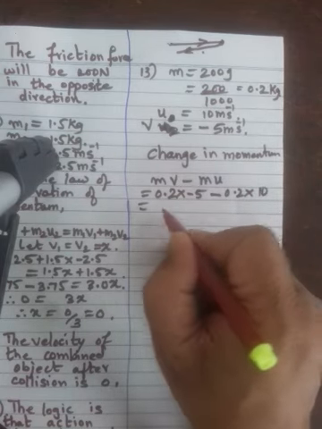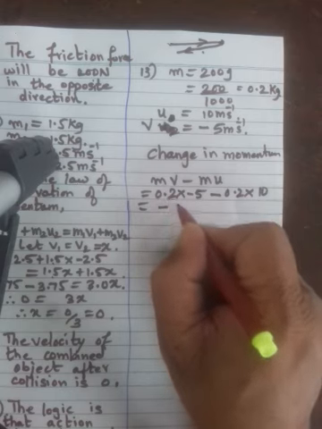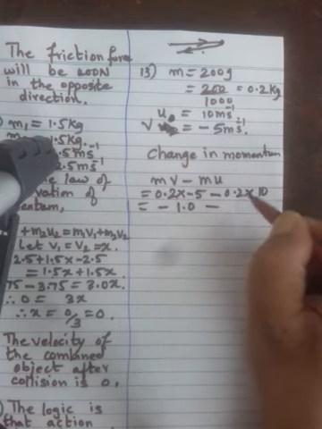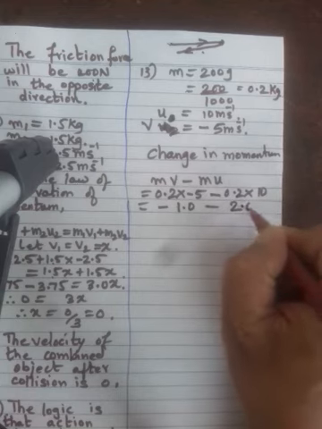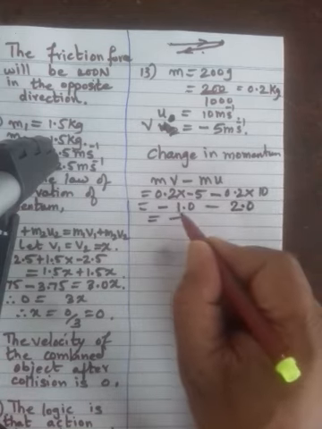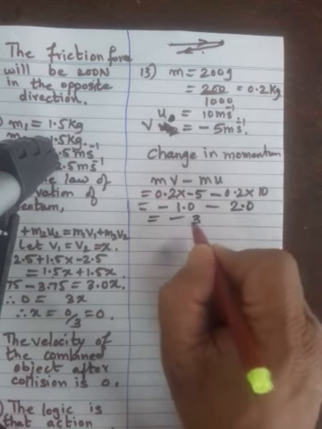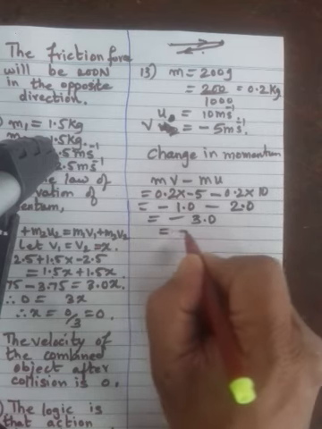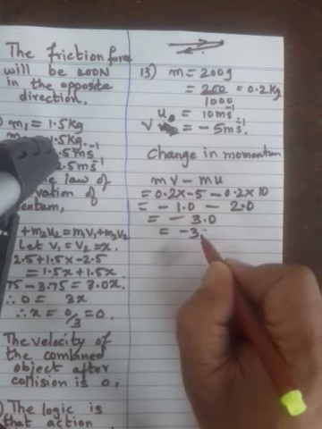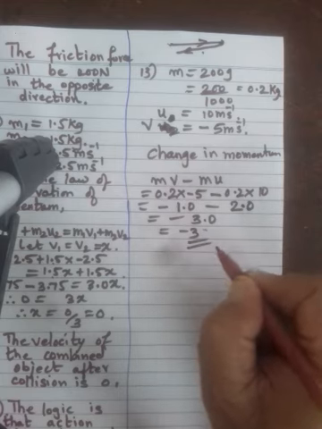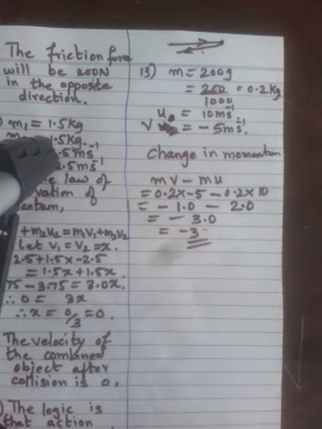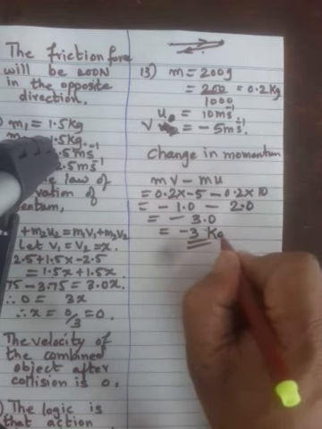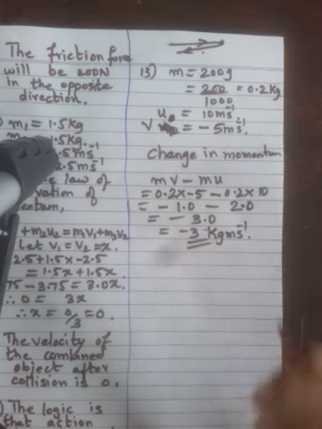So plus into minus is minus, 5 into 0.2 is 1.0, 0.2 into 10 is 2.0, both are minus. So 1 and 2, if you add you get 3, so minus 3.0. This is the change in momentum, and the unit is kg meters per second.